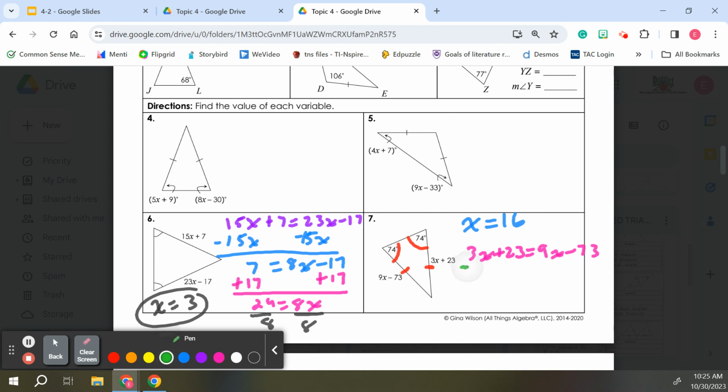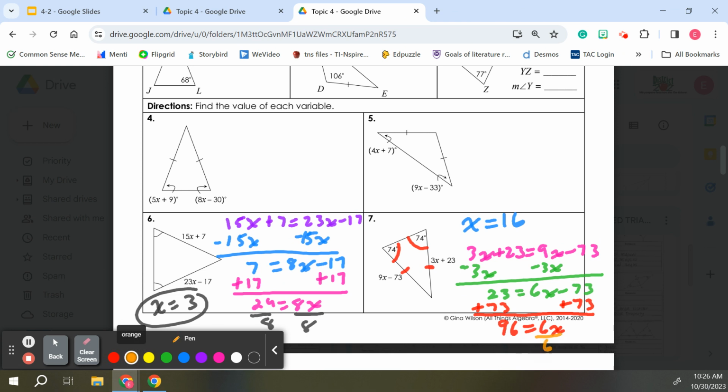I am going to subtract the 3x from each side. That leaves me with 23 equals 6x minus 73. I'm going to add 73 to each side. This leaves me with 96 equals 6x.